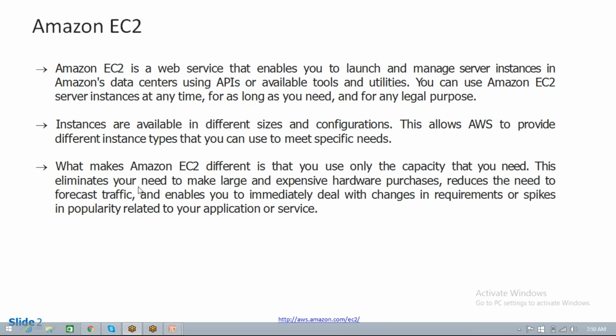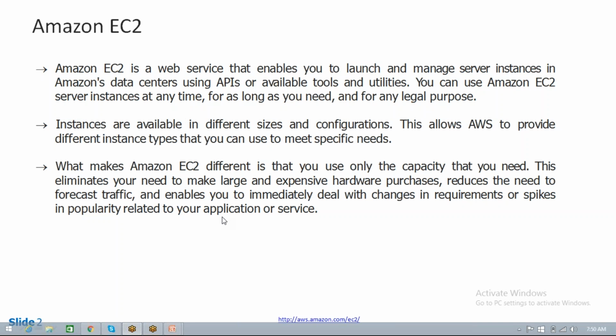This eliminates your need to make large and expensive hardware purchases, reduces the need to forecast traffic, and enables you to immediately deal with changes in requirement or spikes in popularity related to your application or server.